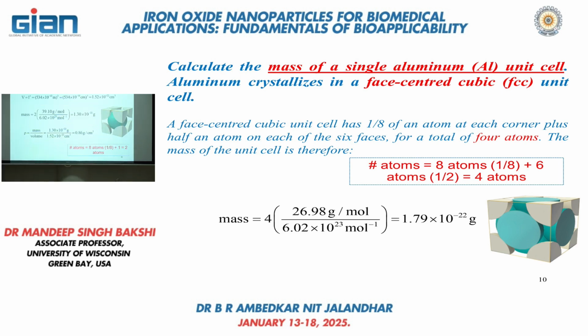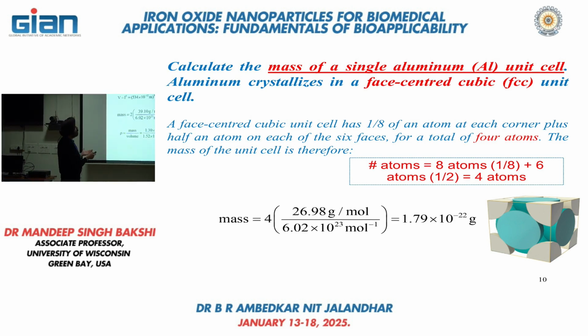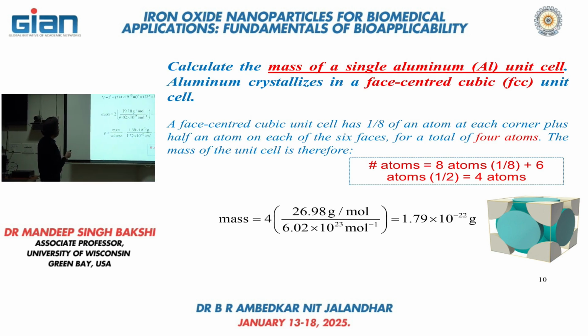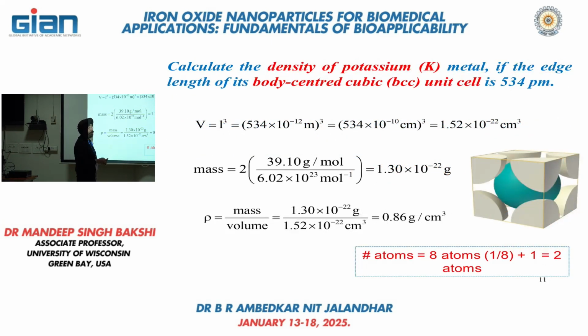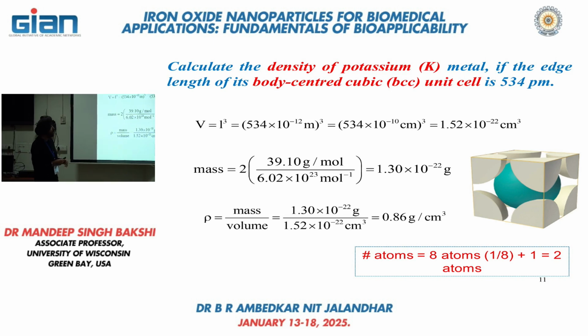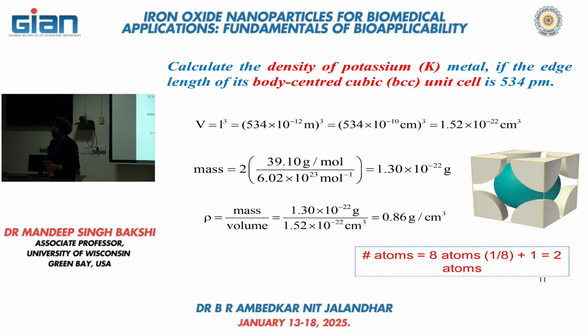So what if we want to calculate the volume and the density? Here you see, calculate the density of potassium metal if the edge length of the body-centered cubic unit cell is 534 picometer. Edge length is provided.